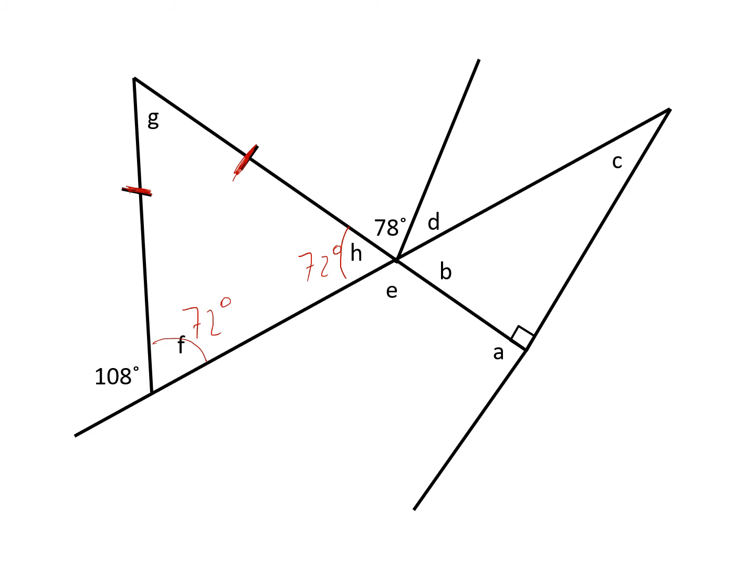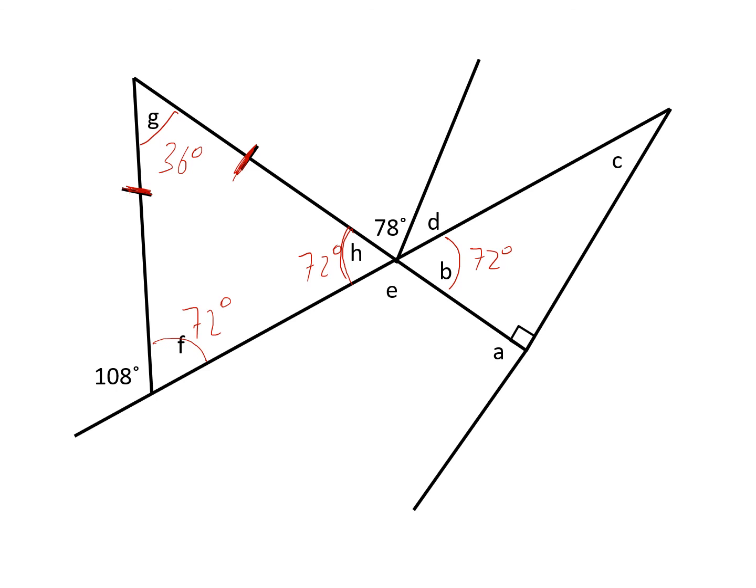Now to find g, we do 180 minus 72 minus 72, so g is 36 degrees. Now from here, we know this is 72 degrees and b is also 72 degrees, since they are vertically opposite.